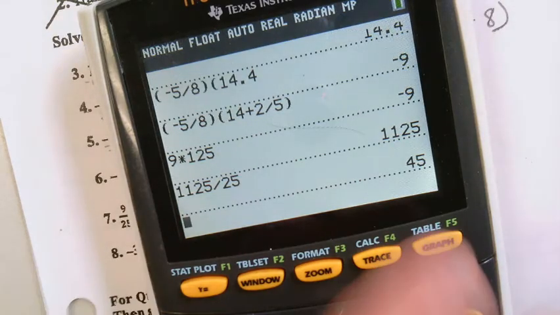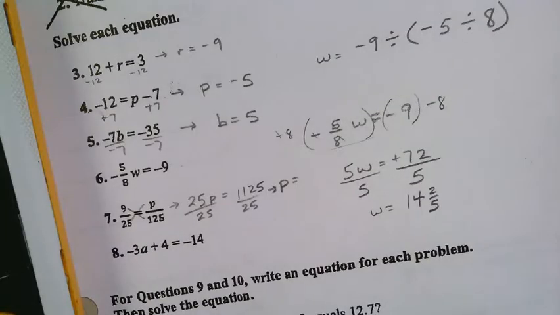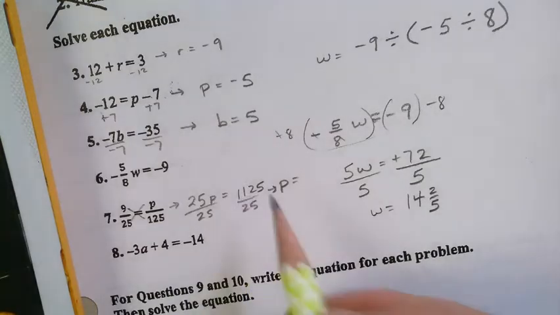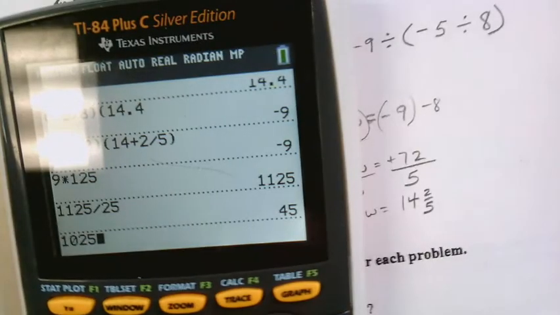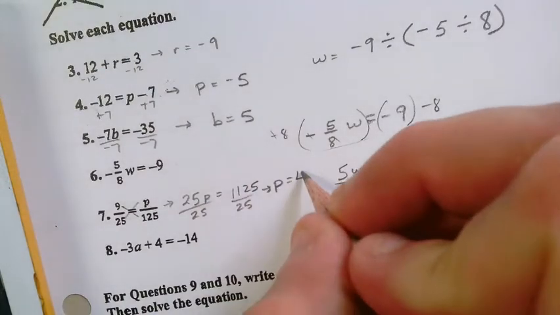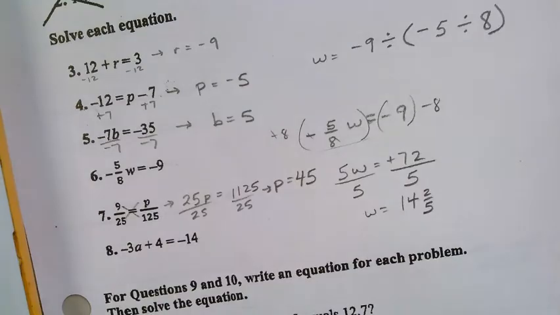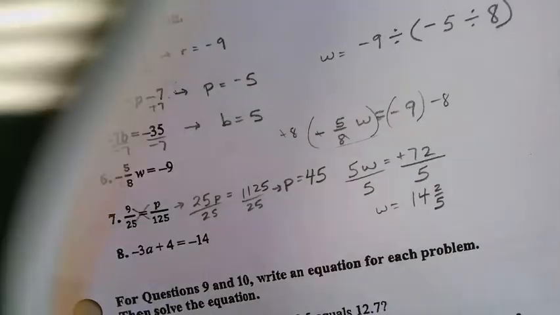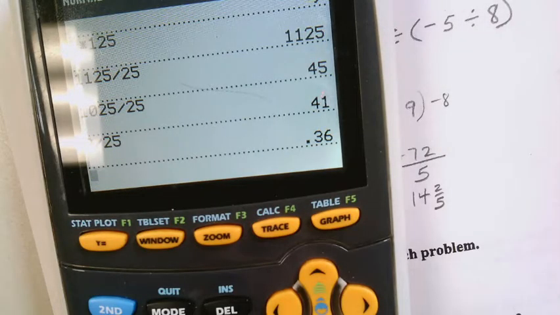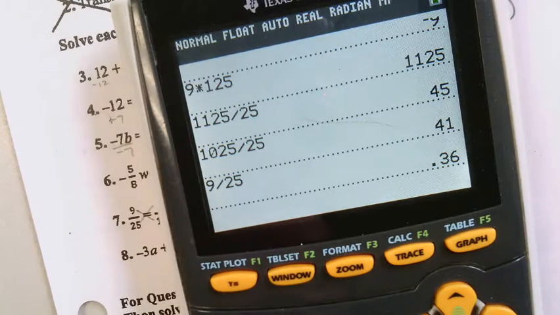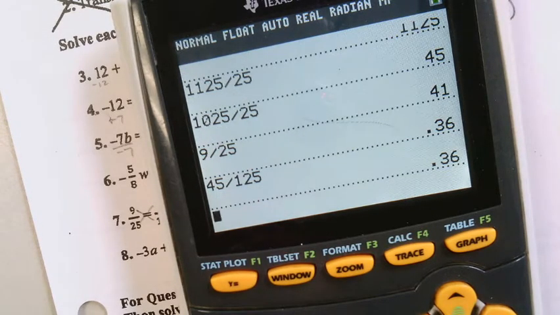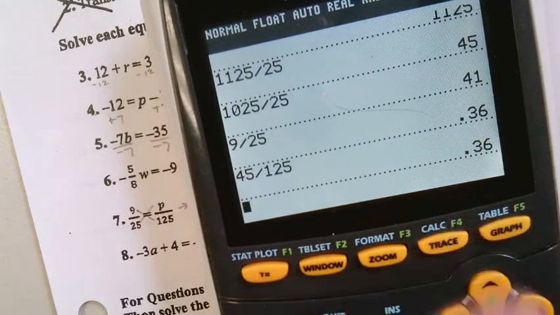Oh, I was wrong. It was 45, okay? Again, I can plug this back in. 9 divided by 25 gives me 0.36. If I do 45 divided by 125 gives me 0.36 as well. You've got the same exact thing, okay?